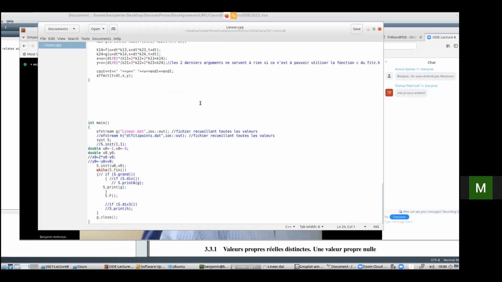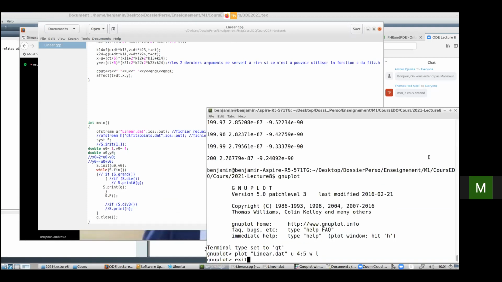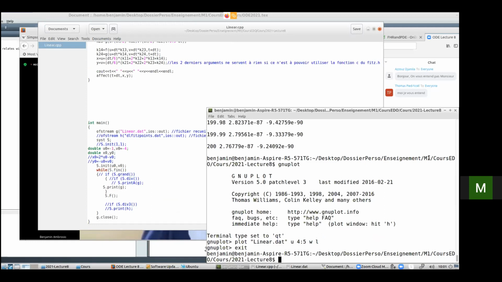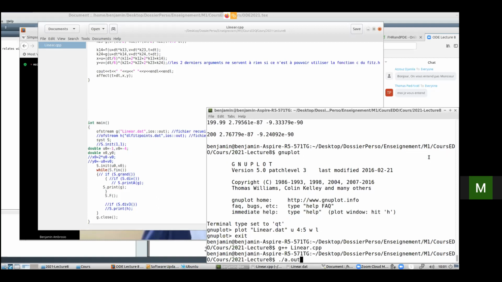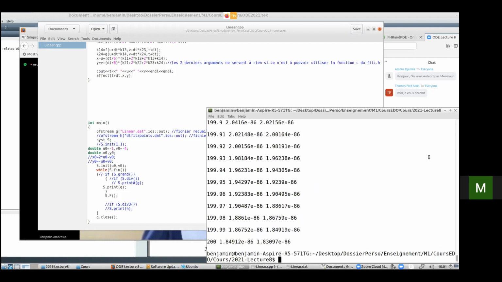Basically, we are running this program, and we are plotting the results in this file. And here are the initial conditions. Okay, so let's go. I run the program, right? Okay, it's done.